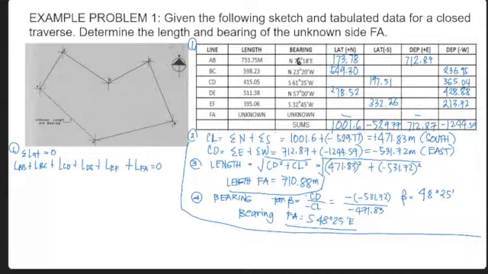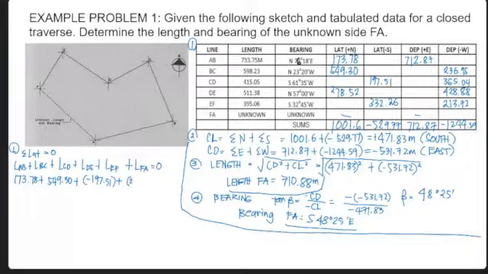Okay. So, sulat natin isa-isa. Latitude AB is 173.78. LBC is 549.30 plus latitude CD is negative 197.51.